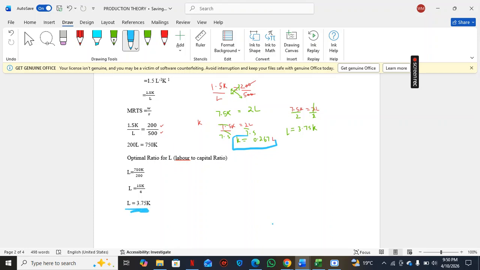So what this ratio is telling us is that if you bring in 1 unit of capital, so substitute K for 1, where we're saying K equals 1, then L equals 3.75 times 1, you get 3.75.